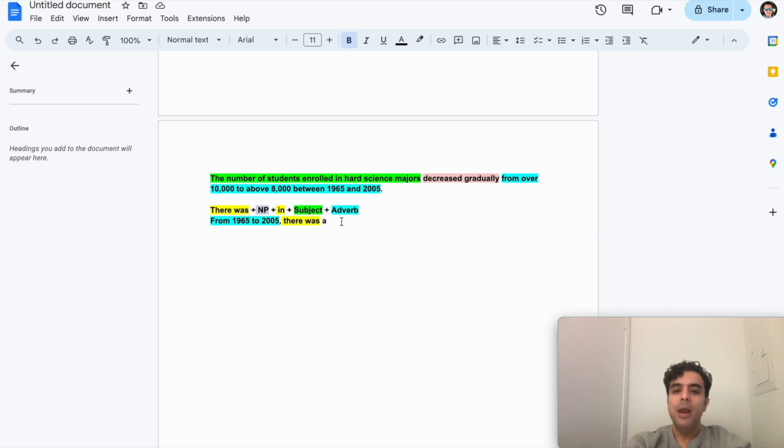So I'm going to say there was a decline. And then here we had gradually, which was an adverb that went into our verb phrase construction. Here, instead of gradually, maybe I could say there was a gradual decline, or there was a slow decline.